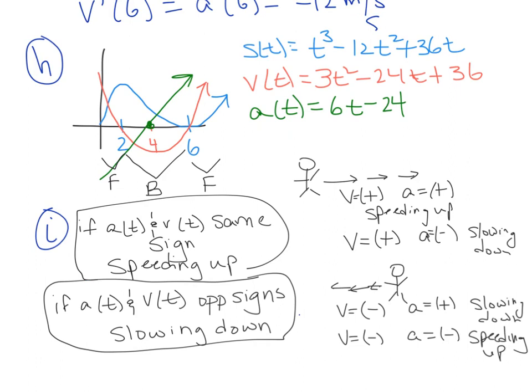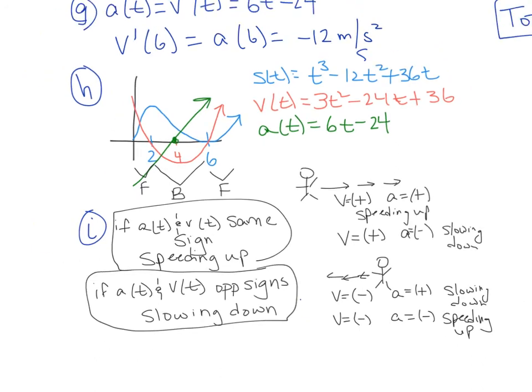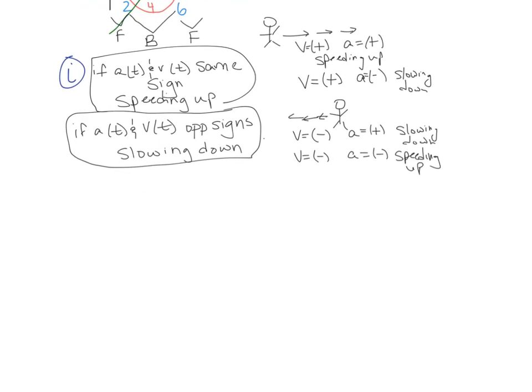So in part I, they ask for when are we speeding up or slowing down, and let's see if I can move this up here and answer that question. We are speeding up when we line up the v of t and the a of t to see which direction we're going.